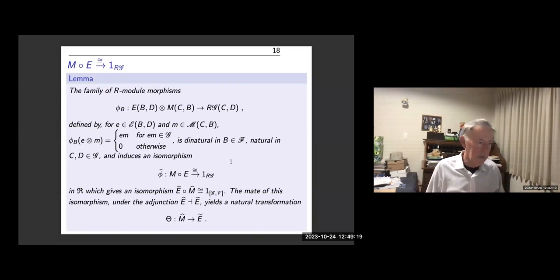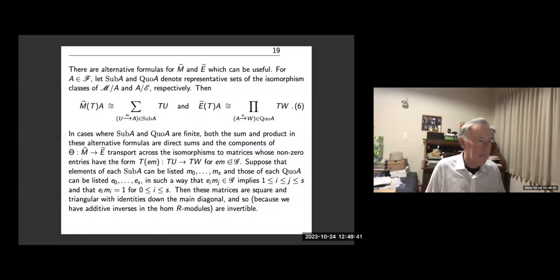And then when you've got something like that and an adjunction, remember that E hat is left adjoint to E tilde, for any module, the hat is left adjoint to the tilde. You actually get something from M hat to E tilde. So there's some relationship. I'm calling it big theta, between the M hat and the E tilde.